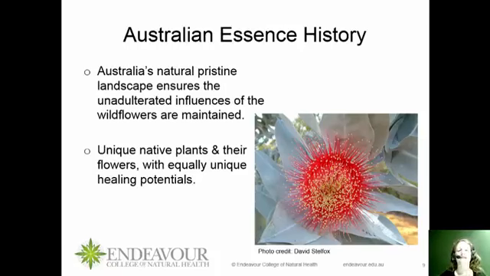So we're quite lucky in Australia in that we have these uniquely beautiful native plants that have their own healing potentials. We have a vast array of flowers that are available. And so for those of you wanting to start to play with making up your own essence sets, or perhaps you want to do your own healing pit, perhaps you just want to put muslin cloth over the top and take the morning dew, however you want to start to play with flower essences, you have so much available to you, usually on your doorstep.